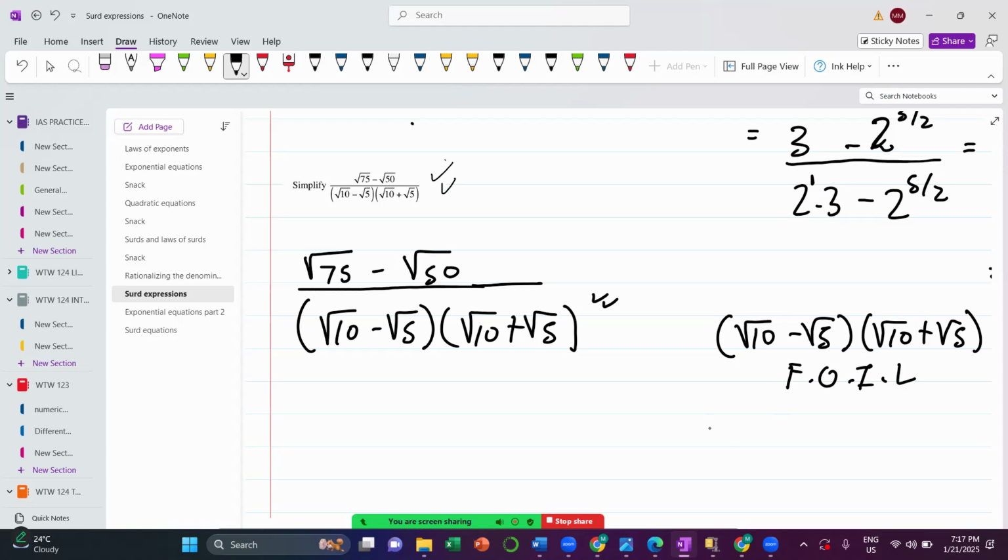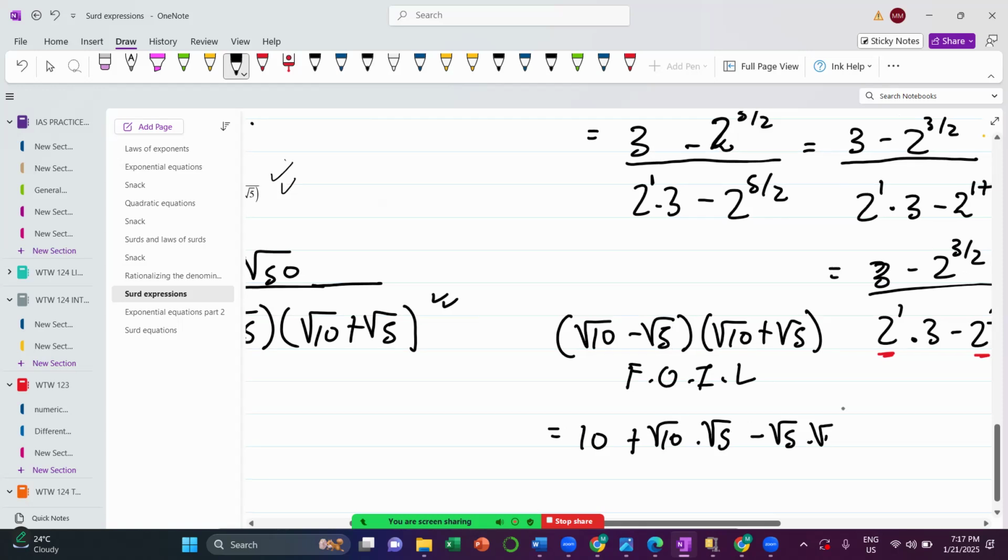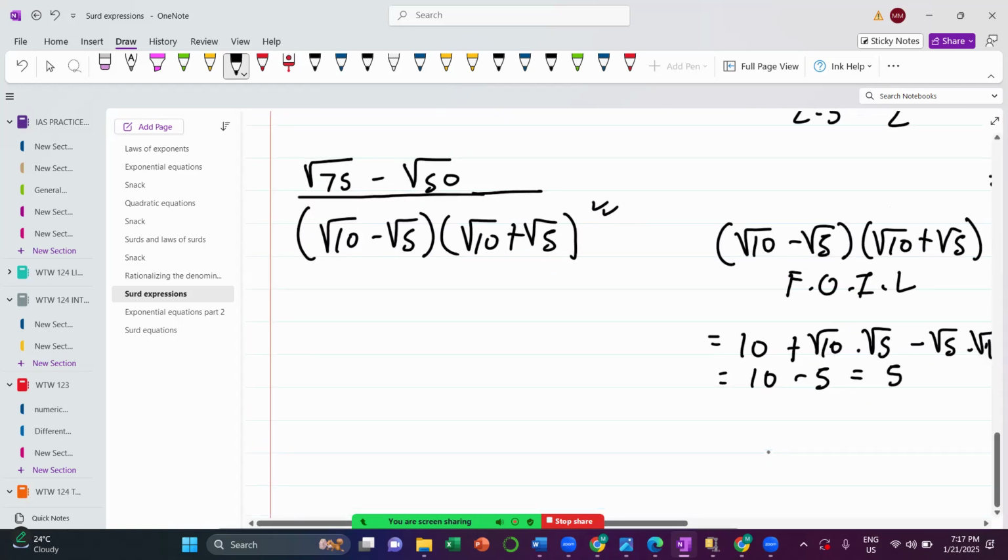So this is all going to be equal to 10 plus root 10 times root 5, and then minus root 5 times root 10, and then minus 5. These two middle values are going to cancel each other out, so I have 10 minus 5, which is just equal to 5, right? So that's my denominator.